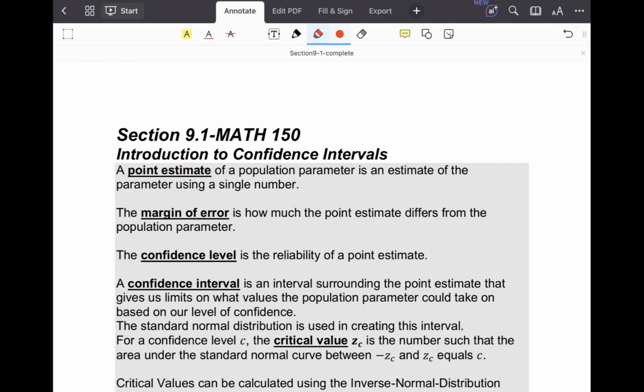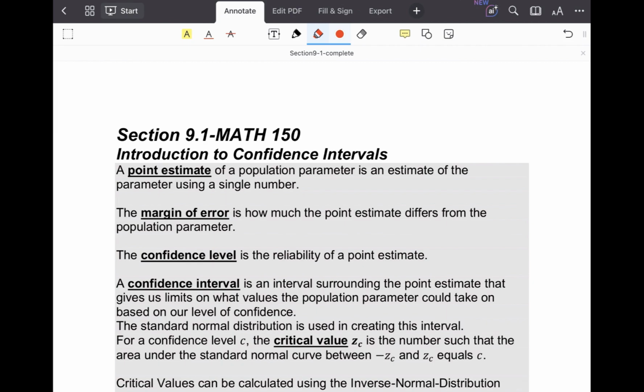For the proportion, if we take the sample proportion, which is a relative frequency, in other words, you ask a question, you count how many people respond yes, you then divide that number by the total number of people that you asked. That gives you the sample proportion. This sample proportion will be a point estimate for the population proportion.